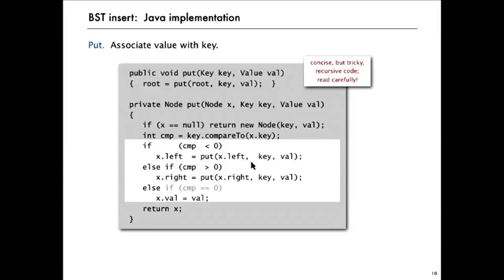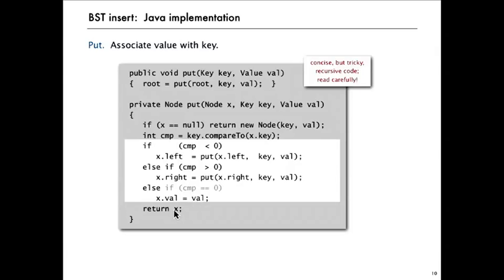So if put works properly, inserting a new node on the left, then that's what we want our left link to be. If it works properly, putting in the subtree on the right, that's what we want our right link to be. By the way, if we find a key that's in the tree already, then we just want to reset the value. And in all of these cases where we're on a node that already existed, we just want to return the link to that node.